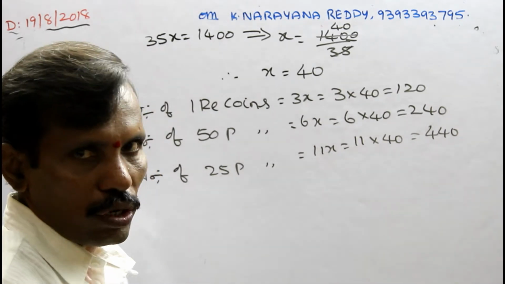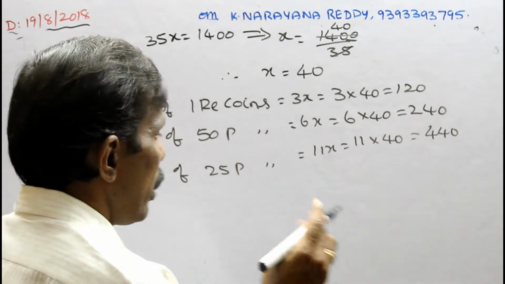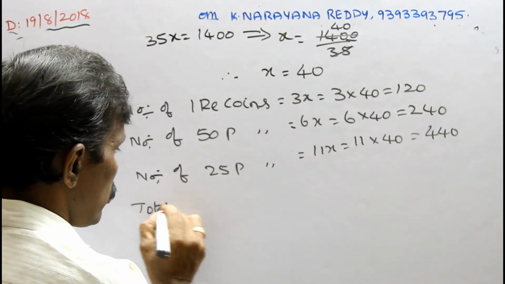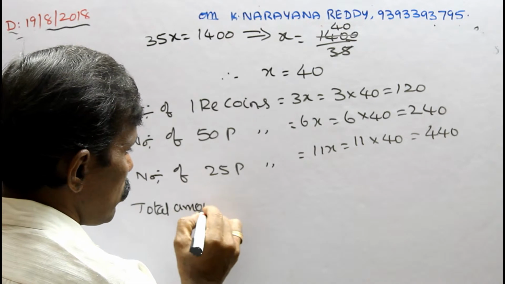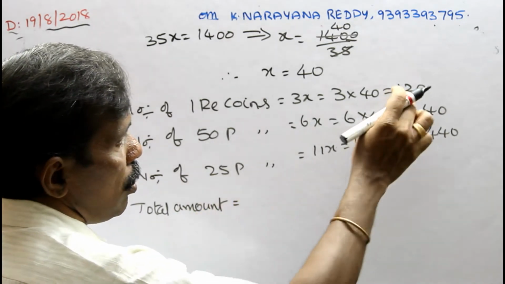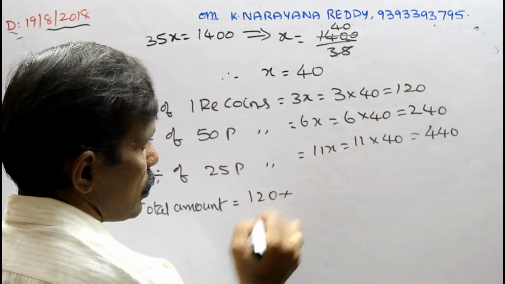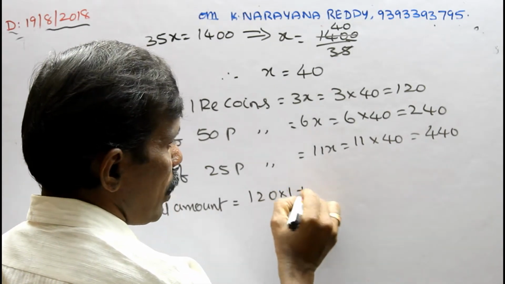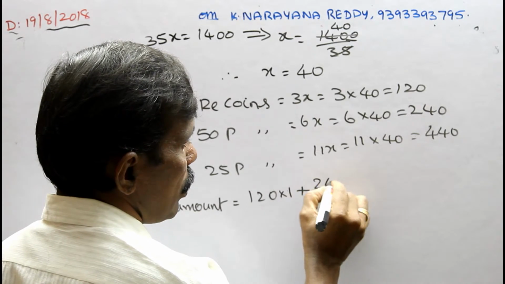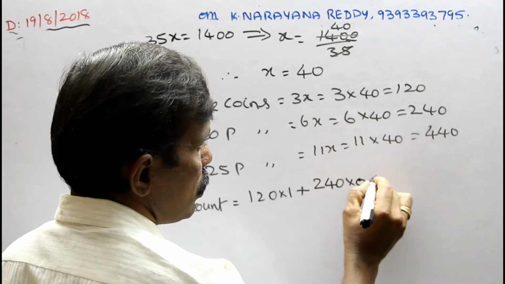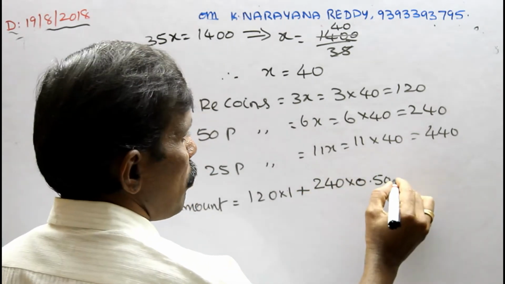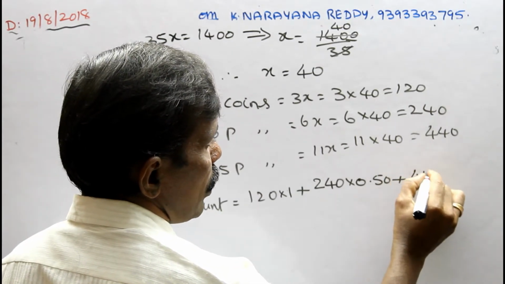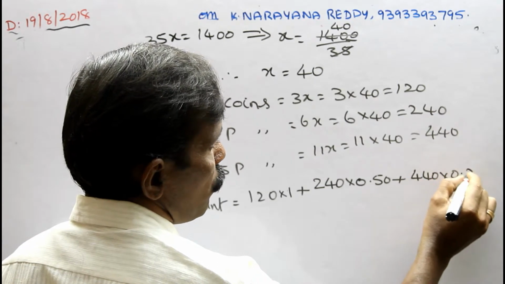If you want to check whether the answer is correct or not, at that time total amount equals 120 rupees, this one, plus 120 into 1 rupee plus 240 into 0.50 plus 25 paise, 440 into 0.25.